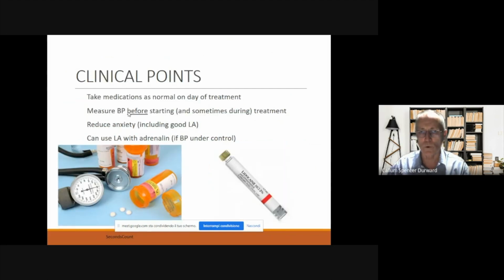Some clinical points. Take medications as normal on the day of treatment. We should measure the blood pressure before starting treatment and sometimes during treatment. Reduce anxiety, for example, with the use of good local anesthesia, and use local anesthesia with adrenaline if the blood pressure is under good control.